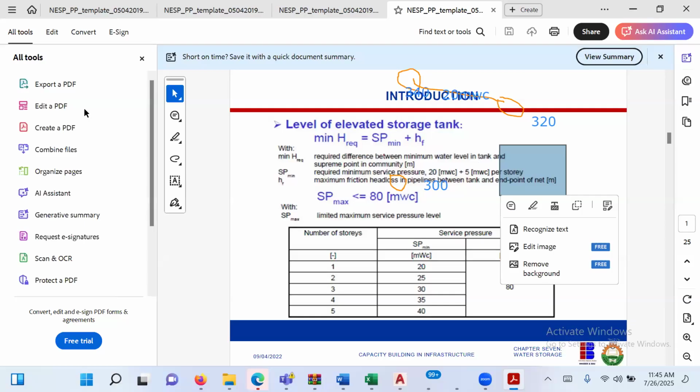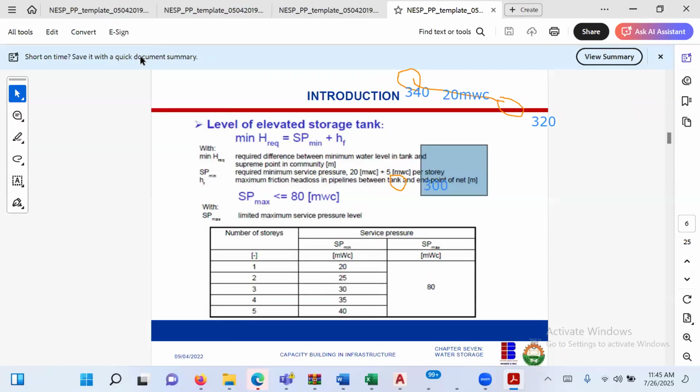What's happening? It means service pressure here will be what? 40. And the service pressure here will be what? 20. So you see, my focus will be on this person at 20, though he will be getting the base pressure, which is 2 bars, no problem. This person will be getting water at 4 bars, normal.